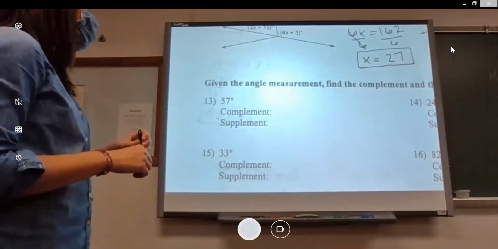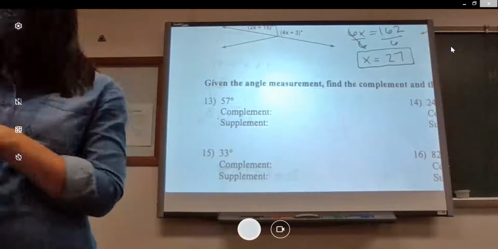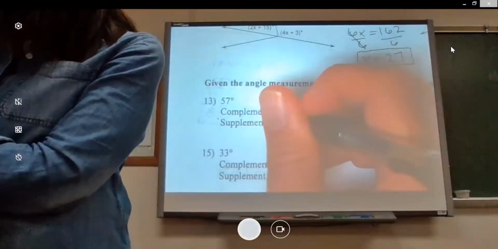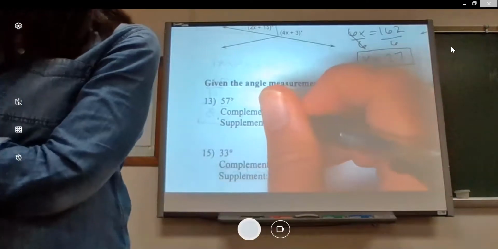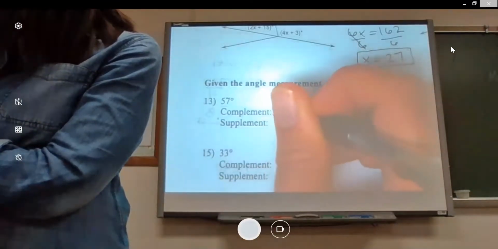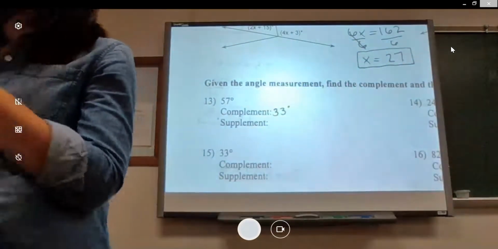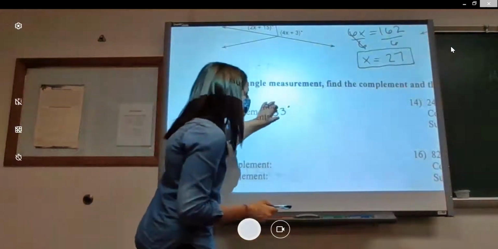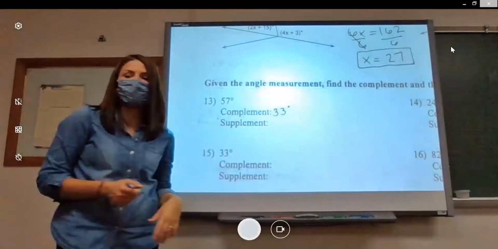And no, 33, you're right, I'm doing it wrong. 33, I was going to 180 instead of 90. So 33, why is that my complement? Yeah, because what equals 90? 57 plus 33 is going to equal 90, exactly.